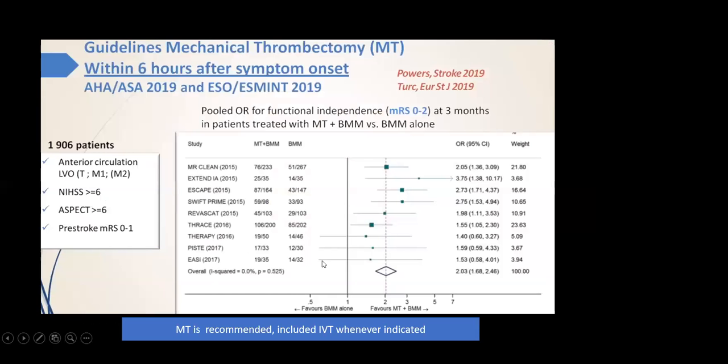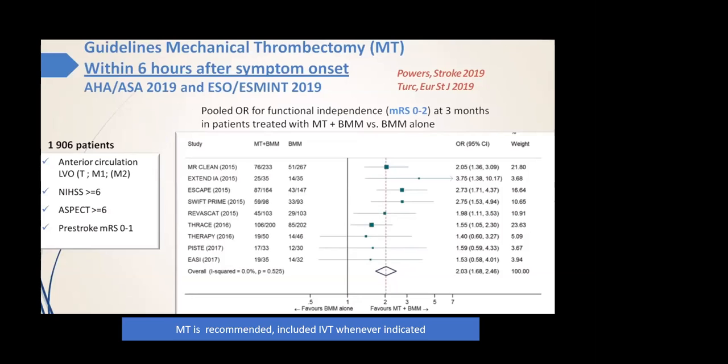For the imaging features and the safety and efficacy of endovascular stroke treatment, again, those receiving endovascular treatment have a better outcome compared to the control group. Now the guidelines for mechanical thrombectomy within 6 hours of symptom onset, based on the AHA/ASA guideline 2019: 1,900 patients were randomized, looking into anterior circulation large vessel occlusion with NIHSS score of 6 or more, ASPECTS of 6 or more, and a pre-stroke mRS of 0 to 1.